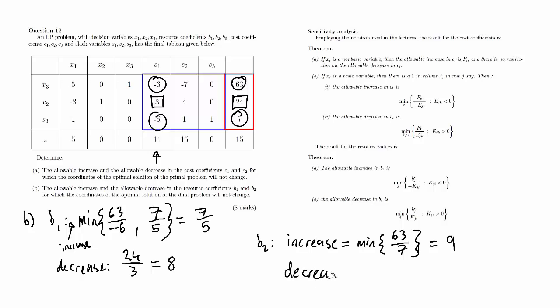For the decrease, we once again go through the same process. We have 24 divided by 4, which is 6, and 7 divided by 1, which is 7, and the minimum of these two is 6. And here we've finished the question.